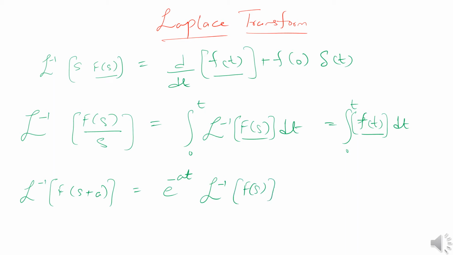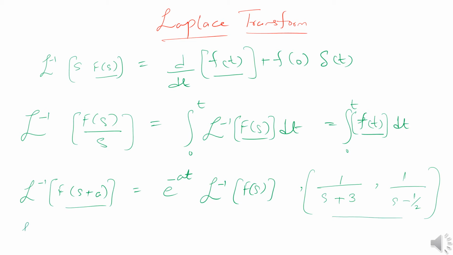So what does this f of s plus a mean? I will recall here. F of s plus a means some function like s plus a, s plus 3, or s minus half. This is the type of function of s plus a. I write it here so you don't get confused.